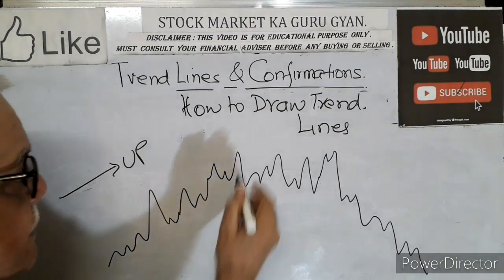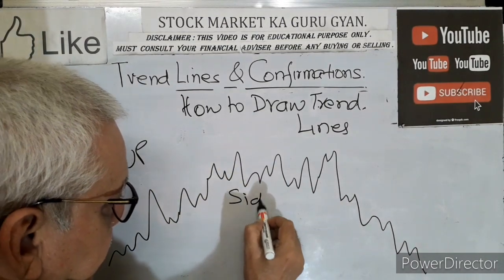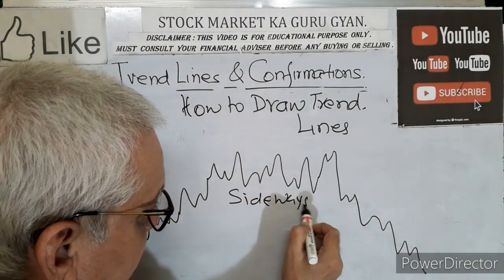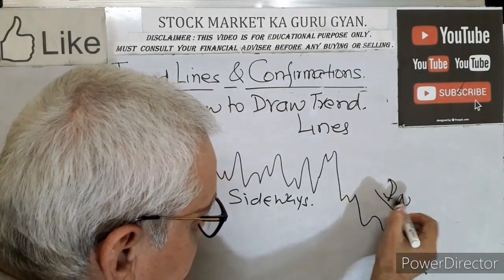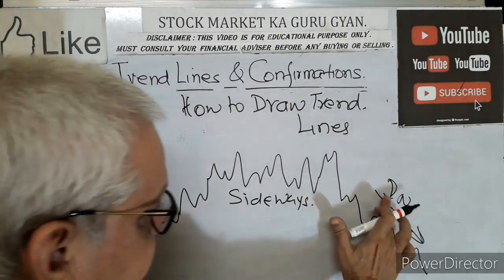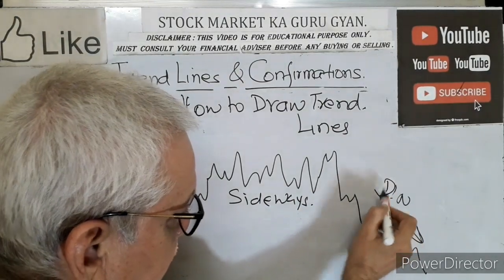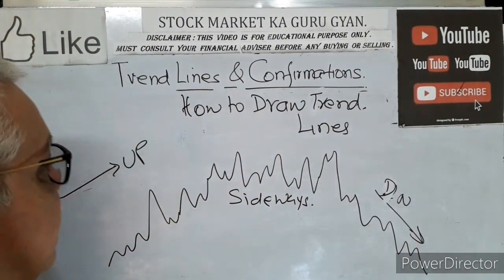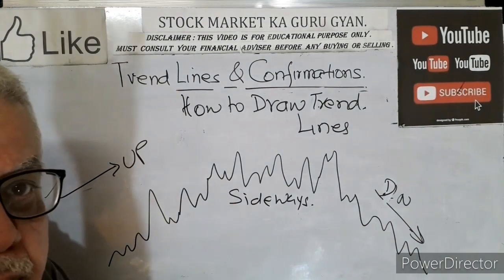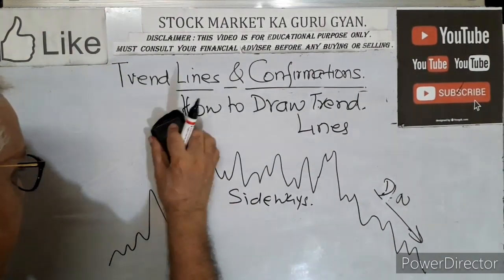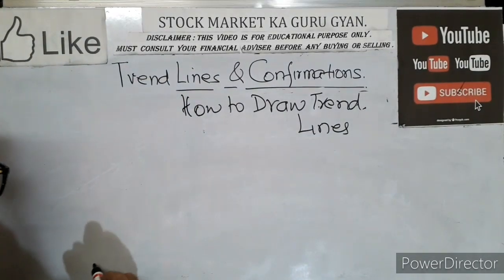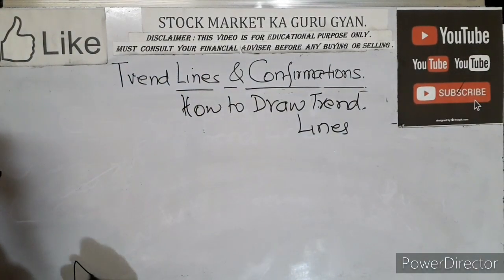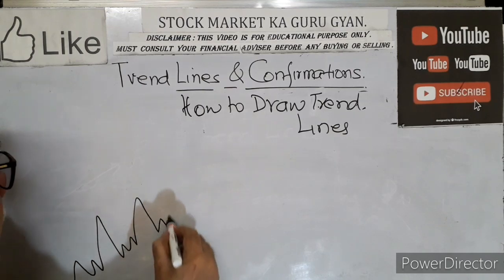Now this is sideways and this is downtrend. Okay, now we see how to draw the trend lines. Friends, it is very simple. Say for example the trend of the share is like this.